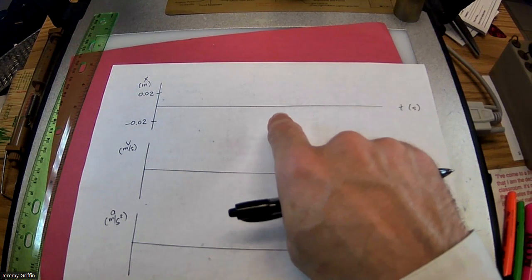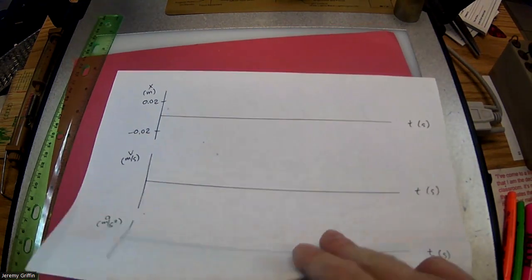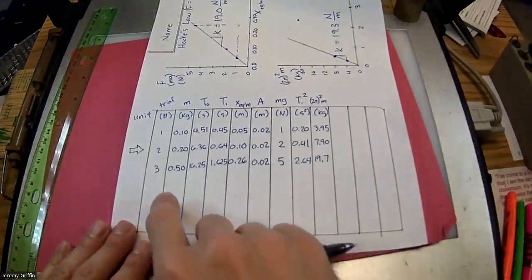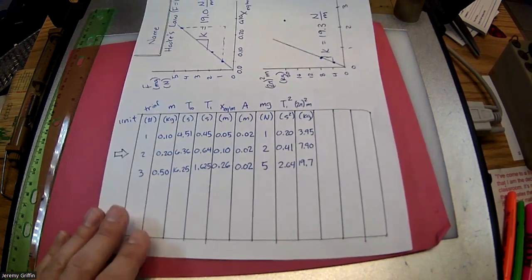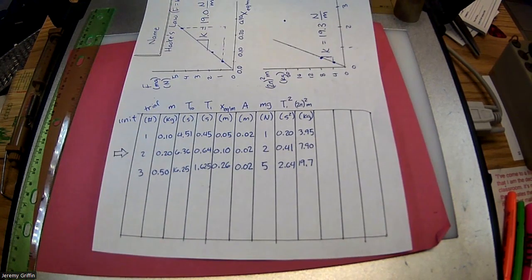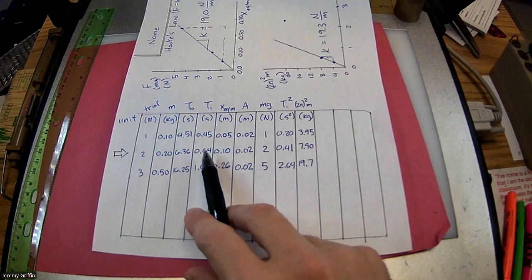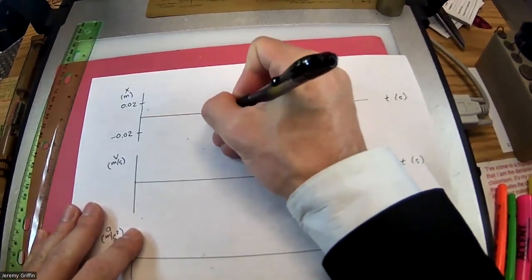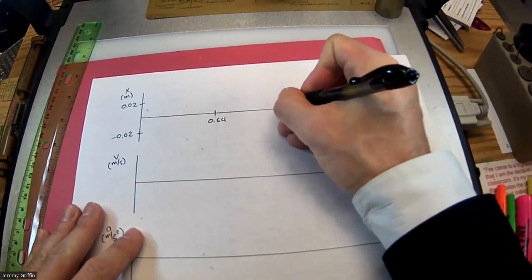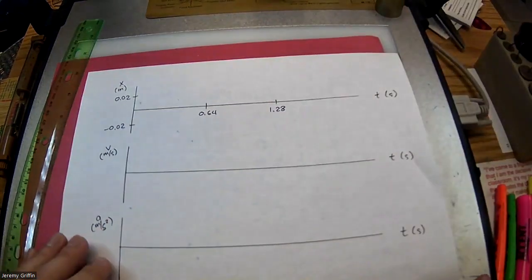The other thing we got to do is, how about time period? So who can tell me what is the time period for what we're working with? 0.64 seconds. Yeah, 0.64 seconds. Okay. So that means every 0.64 seconds, so 0.64, 1.28, and so right, it's going to oscillate.